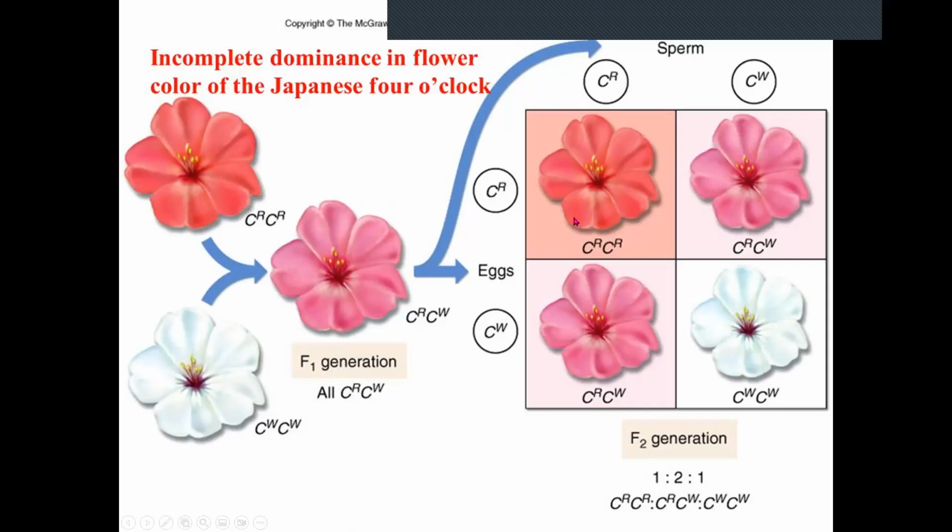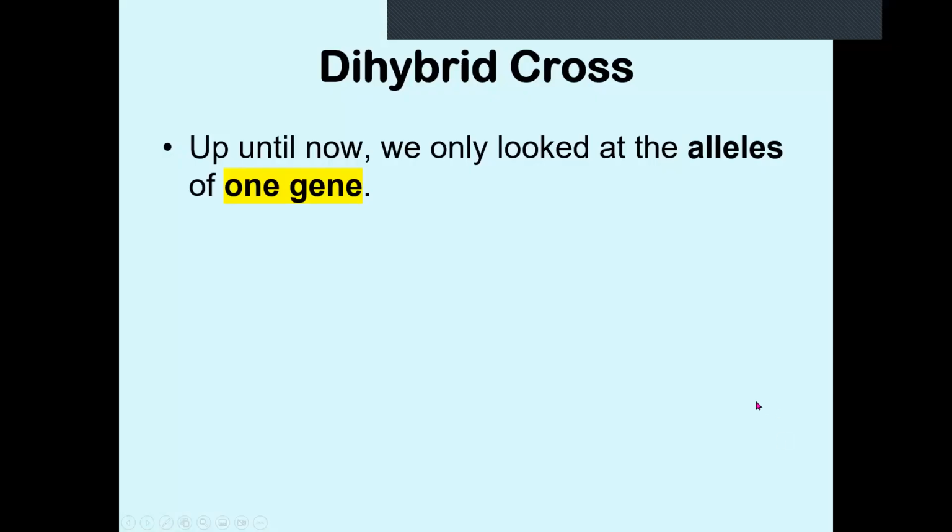And so there's your red. And you cross these, the CR, the RW, the CR, CW, CR, CW, you get the red, 2 pinks, and a white. So you get this 1:2:1 ratio again. So if you know what you're doing with plants, you can generate whatever you want.